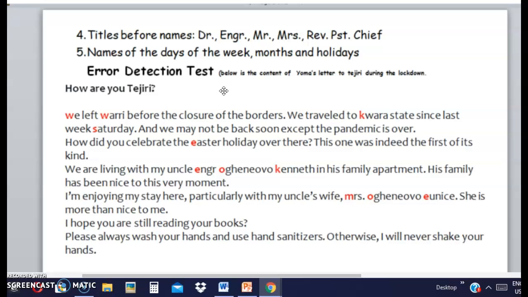This one was indeed the first of its kind. We are living with my uncle, engineer ogenevo kenneth, in his family apartment. His family has been nice to this very moment. I'm enjoying my stay here, particularly with my uncle's wife, mrs. ogenevo eunice.